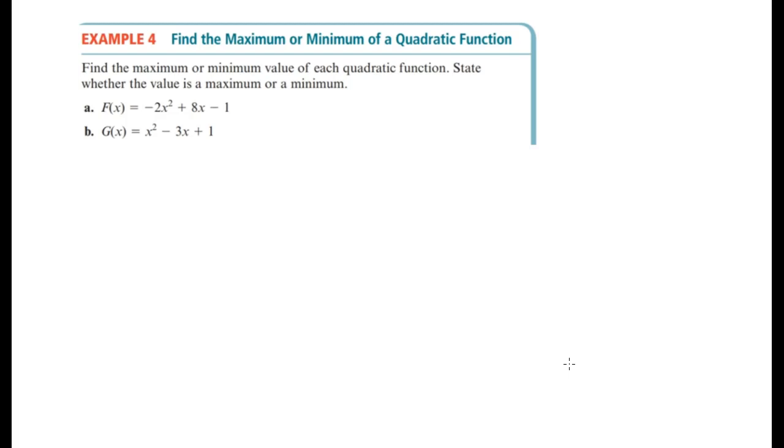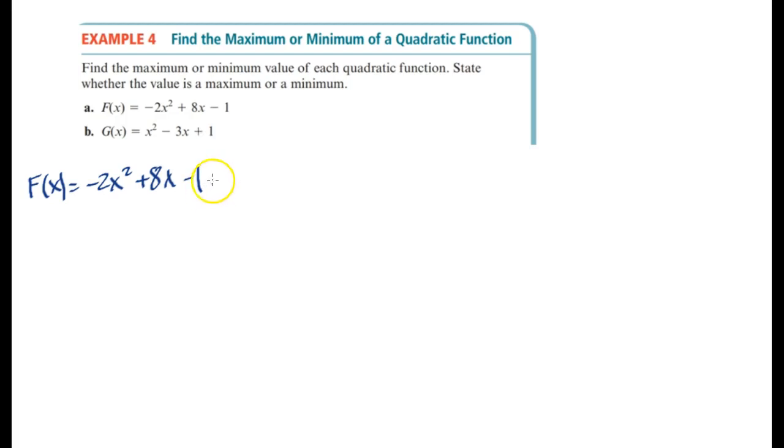Okay, so let's go ahead and use the completing the square method to determine what the maximum value or minimum value would be for A. So we have f of x equals negative 2x squared plus 8x minus 1. And we want to complete the square.